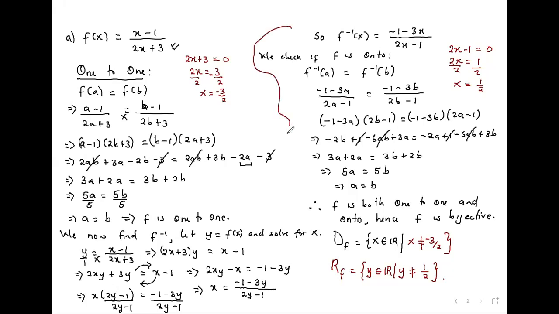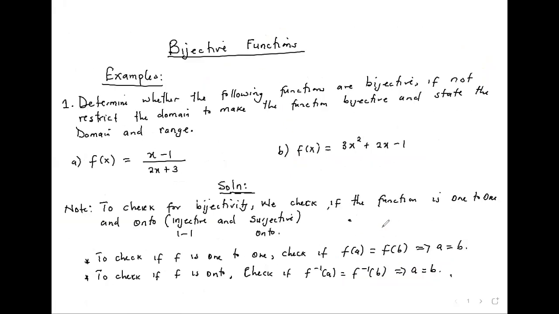You find the inverse. After you have the inverse, check if the inverse you have found is 1 to 1. If the inverse is 1 to 1, then the function is onto. That's why I've stated here: to check if f is onto, check if the inverse of a equal to the inverse of b implies that a is equal to b. So you are checking if the inverse is 1 to 1.